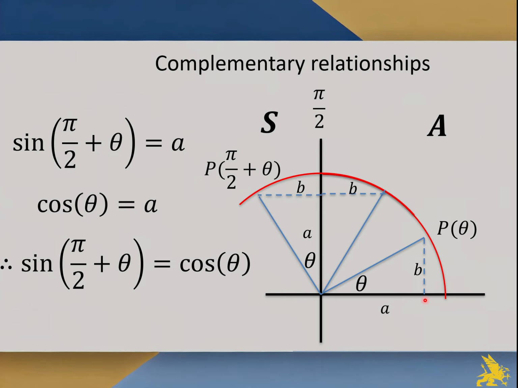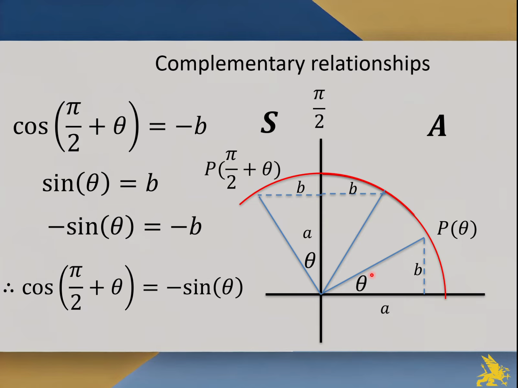And we know from here, our cosine theta is our A value right here. So we do have a few relationships to consider. That means we know that sine of pi over 2 plus theta is going to be equal to cosine theta. Likewise, there's going to be a relationship with our A's. So be mindful of that.